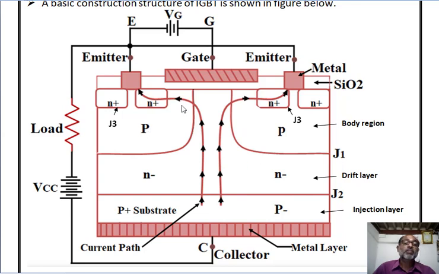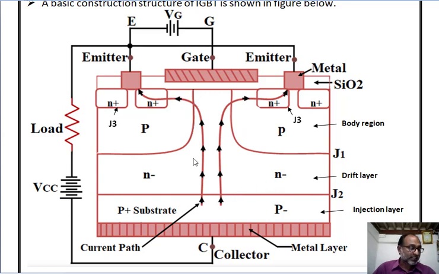Whatever electrons are available in this N plus emitter layer move from this emitter to the drift N minus layer through this N channel.